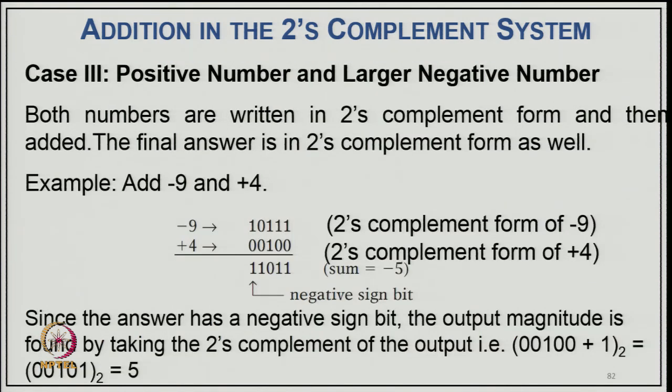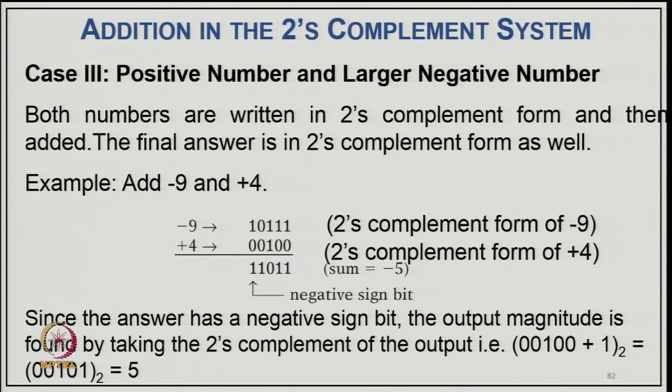Now, a positive number and a larger negative number. Both numbers are written in two's complement form and added, and the final answer is in two's complement form as well. So, add minus 9 and plus 4. The two's complement of 9 has the sign bit 1, and then we have 4 as 0 0 1 0 0, and then we add here.